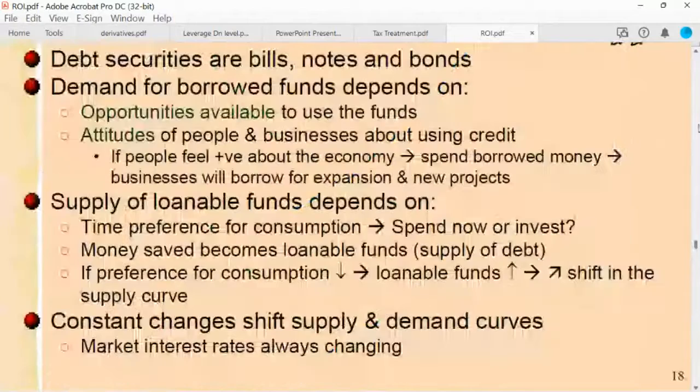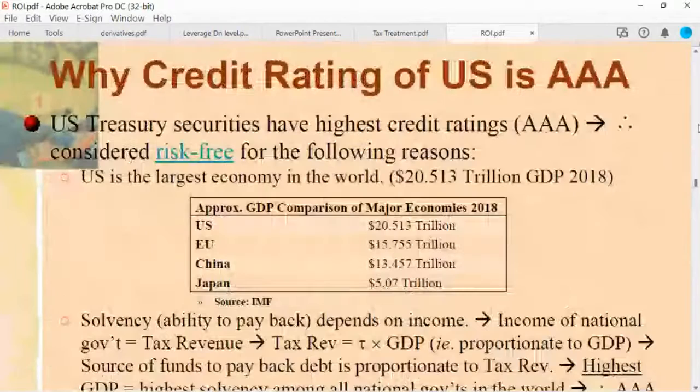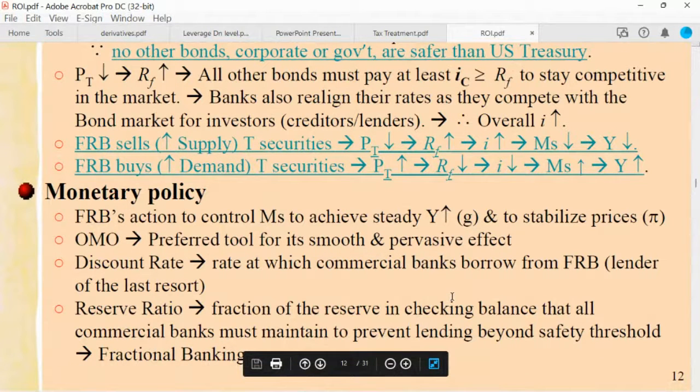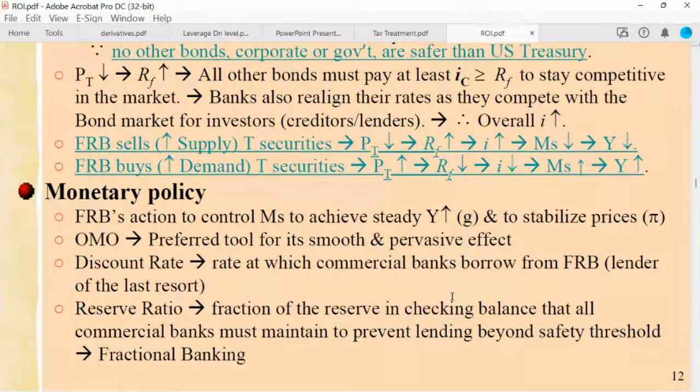I don't think I have the picture. But the point is, under two conditions. One, supply increases, right? Supply increases, or demand recedes, demand falls, right?